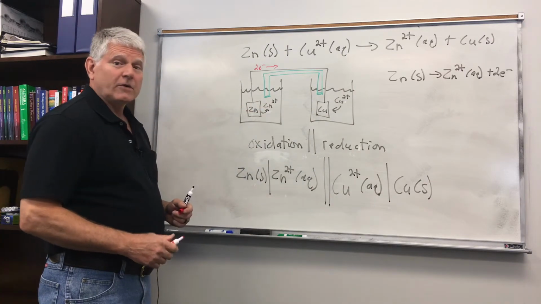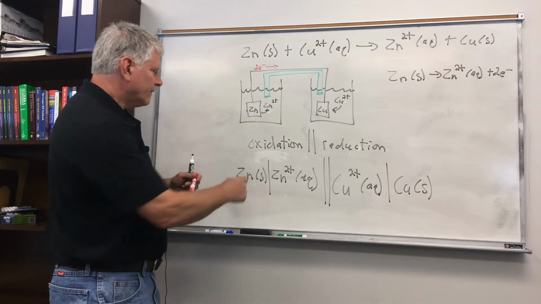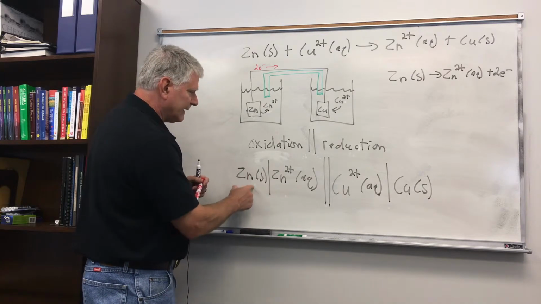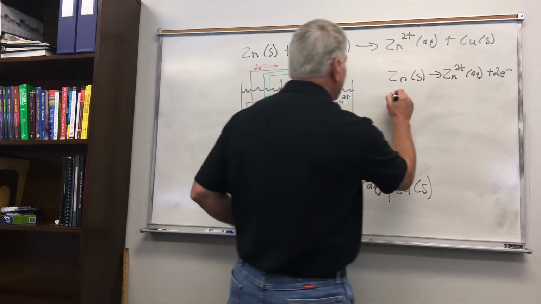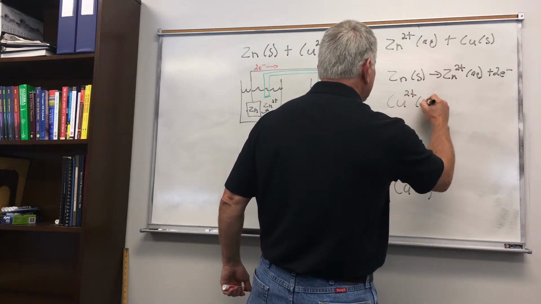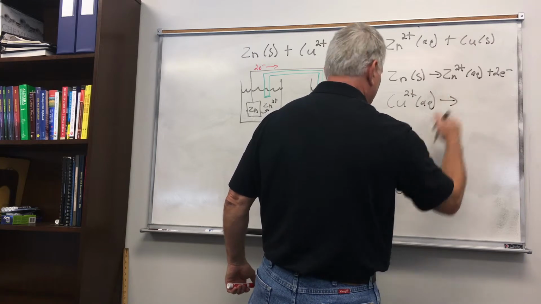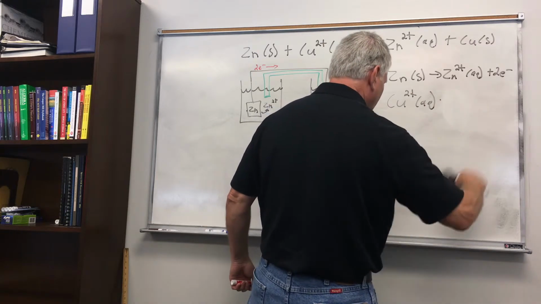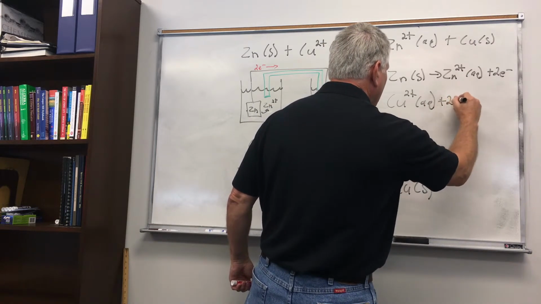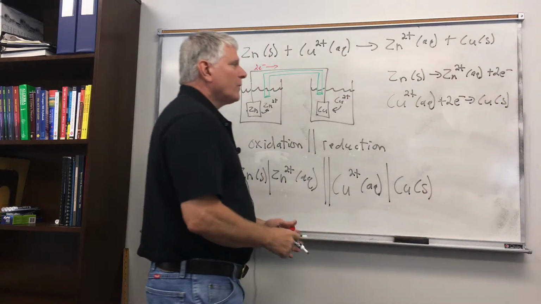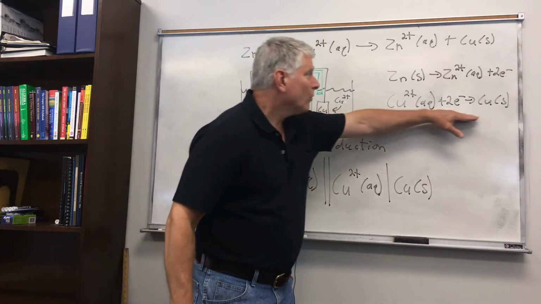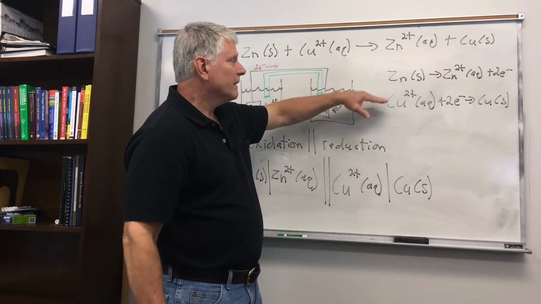We write this in terms of the oxidation. So this is the reaction that's occurring, zinc to zinc 2+. And in the reduction reaction, we have copper 2+ gaining 2 electrons, going to copper solid. So we write these reactions in order of the oxidation and reduction.